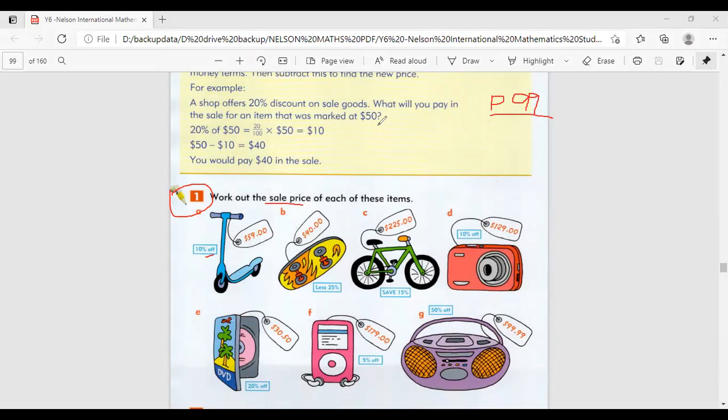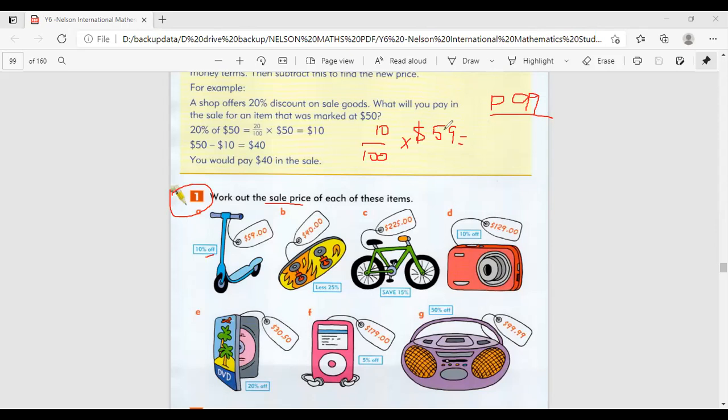So the same thing, you're going to write 10 over 100 times $59. Okay, we have done dinars a while ago. Now let's use this also.